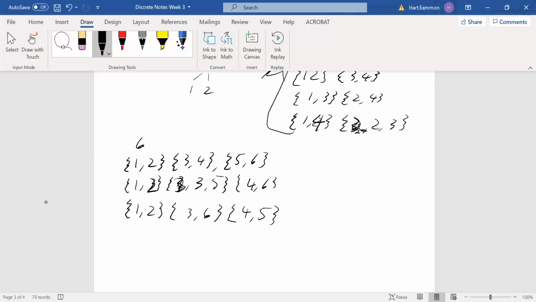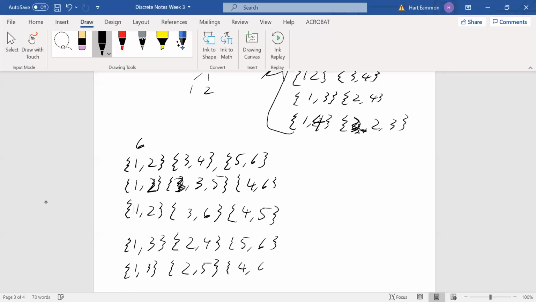Now we can move on to one paired with three, and then two paired with four. And then we're left with five paired with six. One paired with three, two paired with five, and then four paired with six.